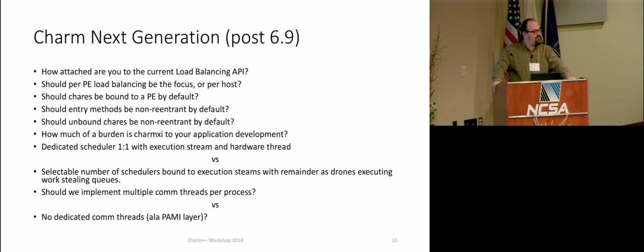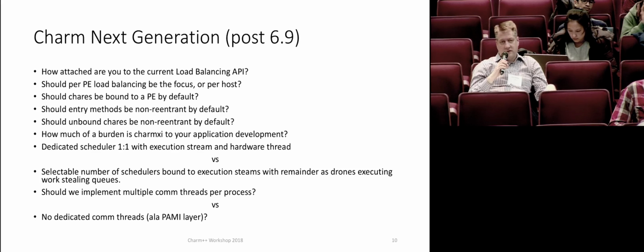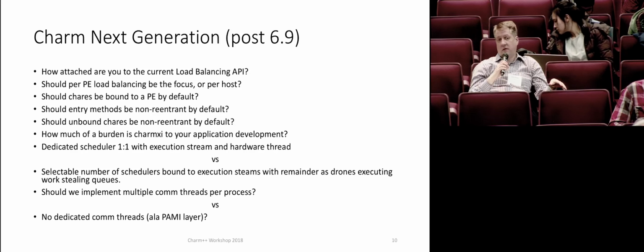For the last one on communication threads, I assume the reason that the PAMI layer can dispense with communication threads is that the PAMI library it's calling is highly tolerant of being called from multiple threads simultaneously and is highly reentrant. For other communication libraries, that may or may not be the case.